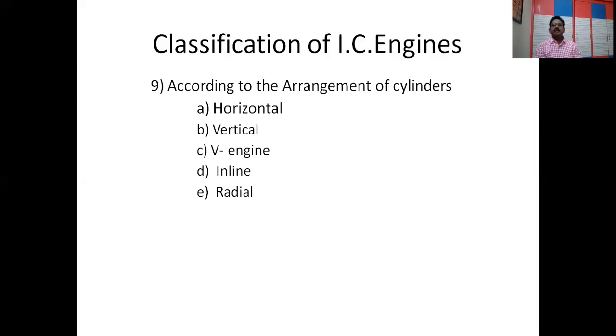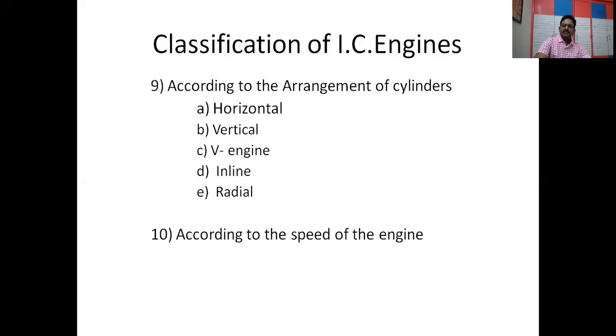Based on that, we can categorize into horizontal cylinder, vertical cylinder, V-shaped engine, inline, where all the cylinders are in the same line, or radial, around a circle. For example, in single cylinder engines, all Hero Honda vehicles have horizontal cylinders, and all Bajaj have vertical cylinders. That is classified based on the position of the cylinder.